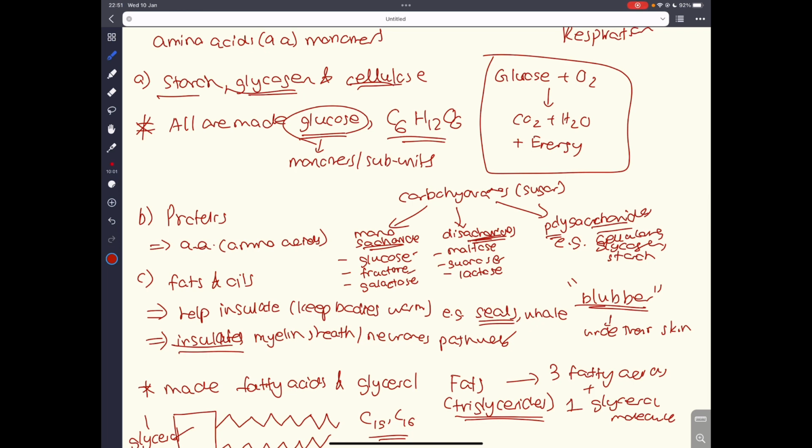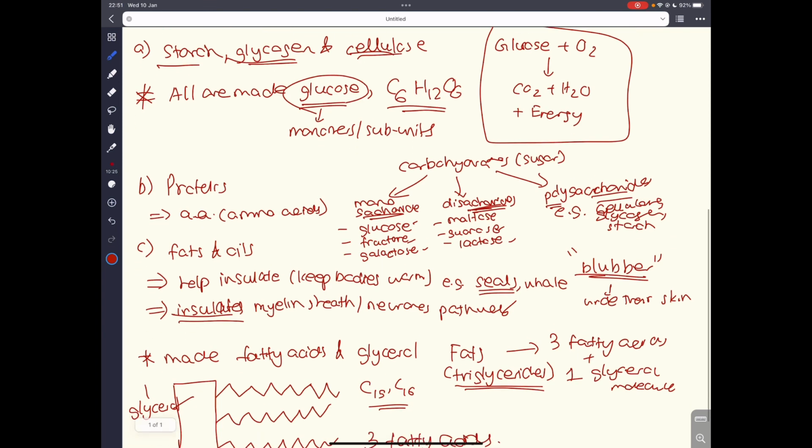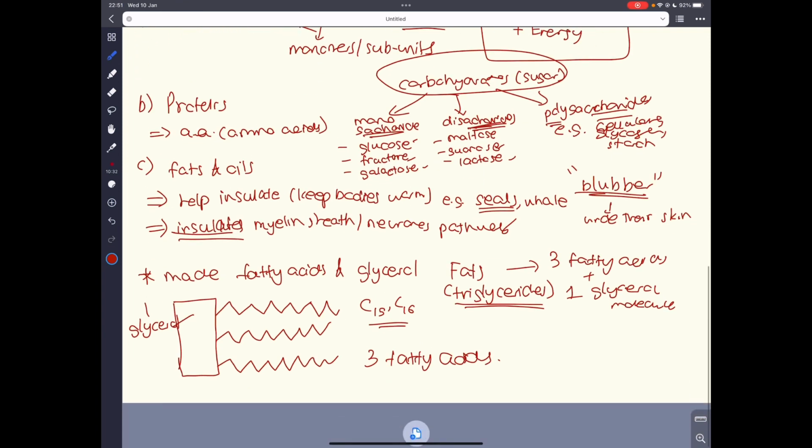Now fructose actually comes from the sweets in fruits, such as apples, pineapples, and many different kinds of fruits. They produce fructose. Now galactose and lactose are found in milk. Okay, so you will have to know some of the sources and also know that carbohydrates are classified into monosaccharides, disaccharides, and polysaccharides.